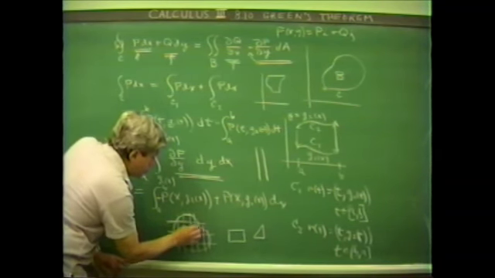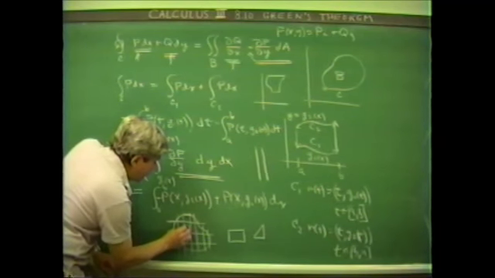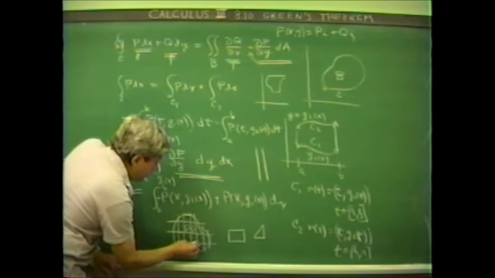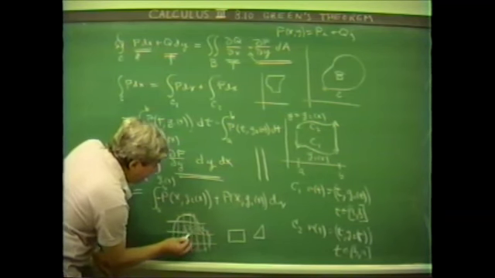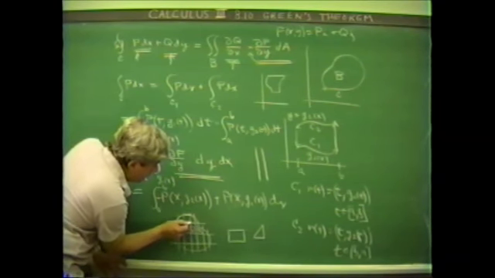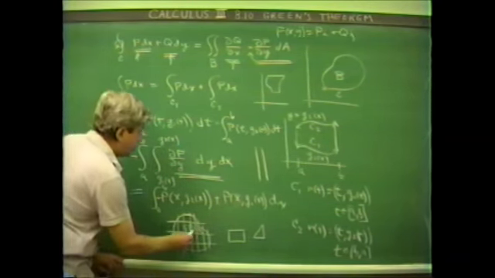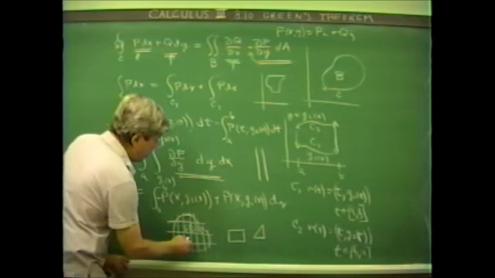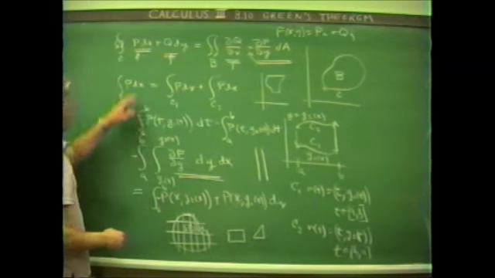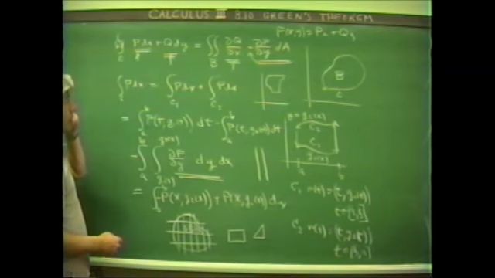When we integrate around each of these rectangles or triangles, we find that the integral going in this direction is negated by the integral going around here in this direction, so all of these little integrals add up to the integral around the boundary, approximately and exactly in the limit.